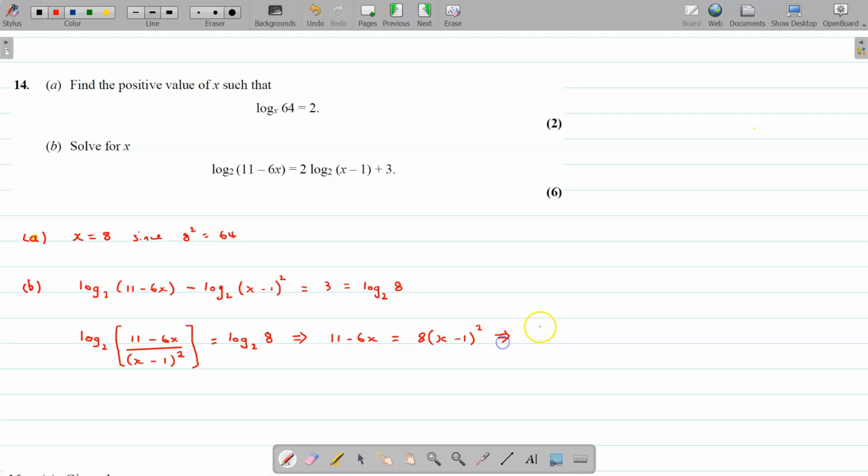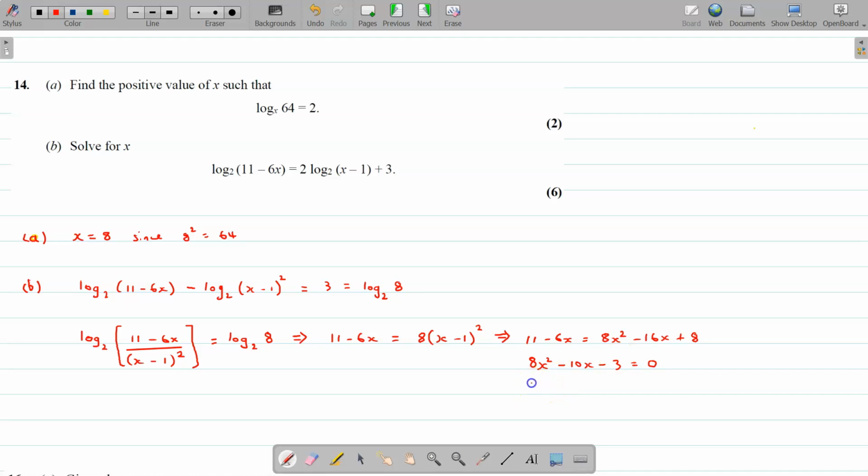which will give me that 11 minus 6x equals 8x squared minus 16x plus 8. Okay, tidy all that up and I get the quadratic 8x squared minus 10x minus 3 equals 0.